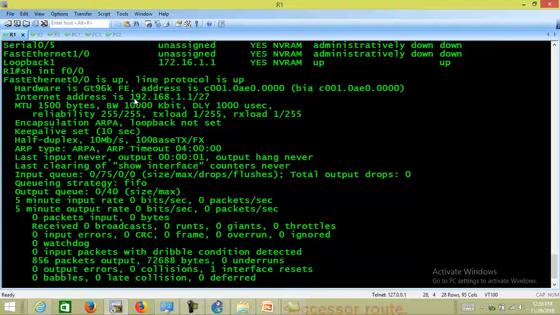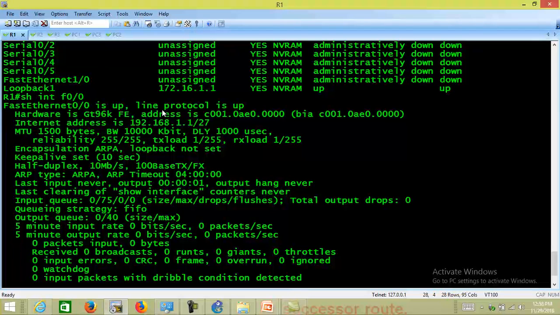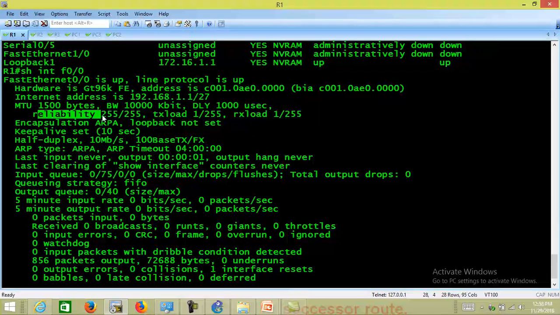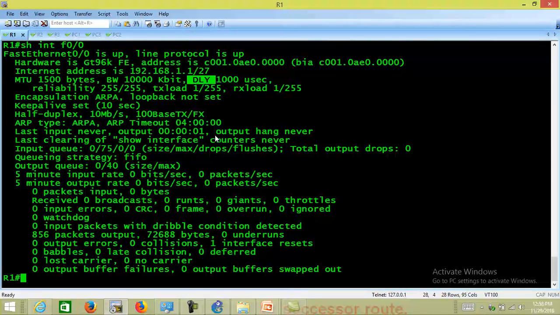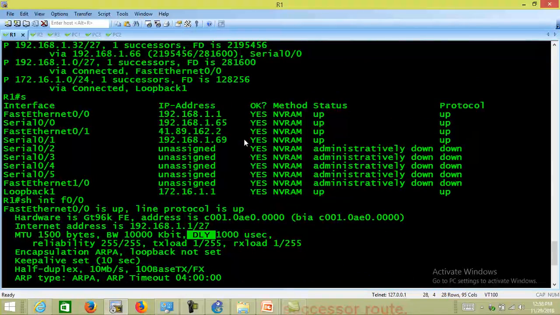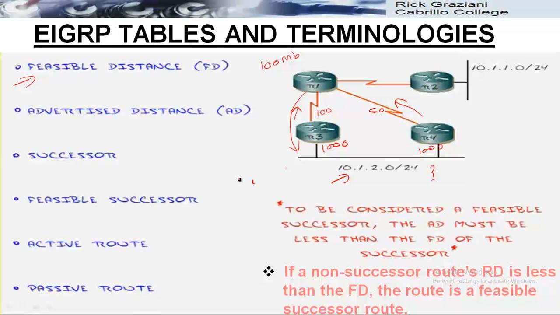You can see the IP address that you assigned, inside a notation. You can see the bandwidth. You can see things like reliability and delay of the link. When EIGRP is doing its metric calculation, it factors in those stats of a link, and I think we'll see how that metric is calculated.